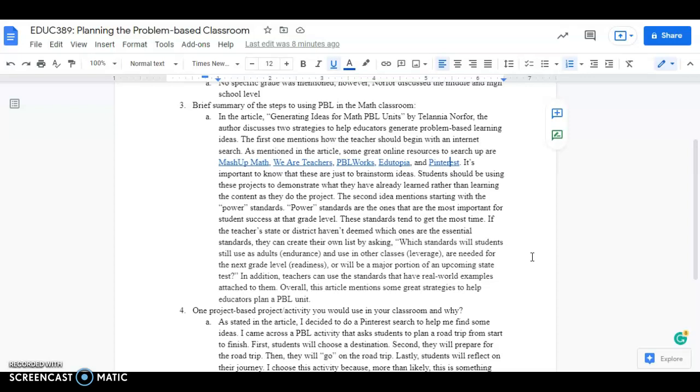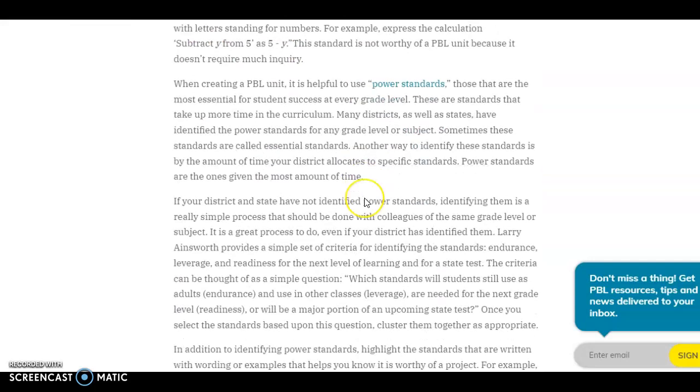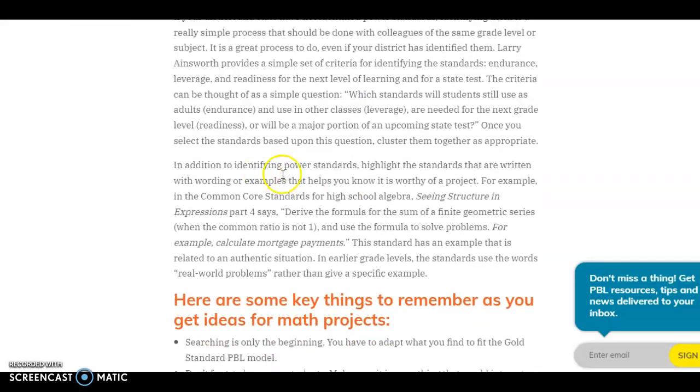In addition, teachers can use the standards to have real-world examples attached to them. For example, the article mentions that in the Common Core State Standards for high school algebra, the standard says derive the formula for the sum of a finite geometric series and use the formula to solve problems.